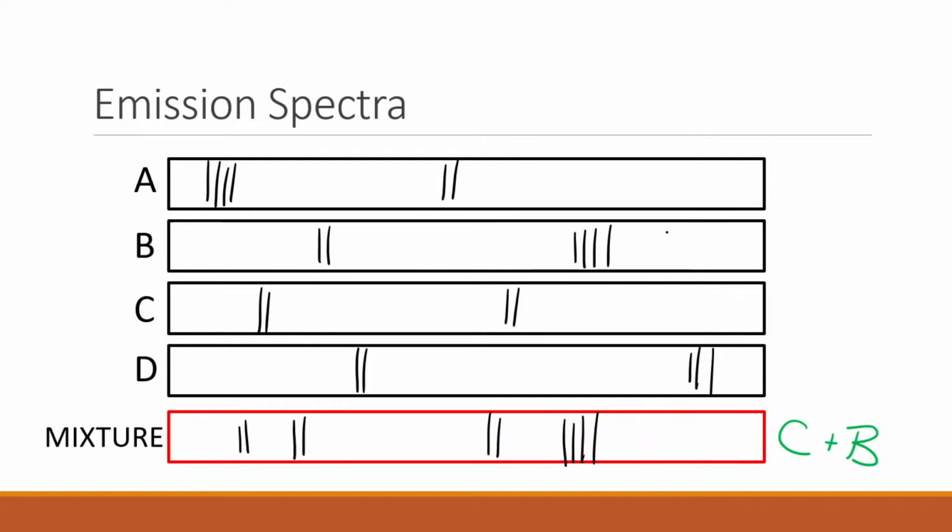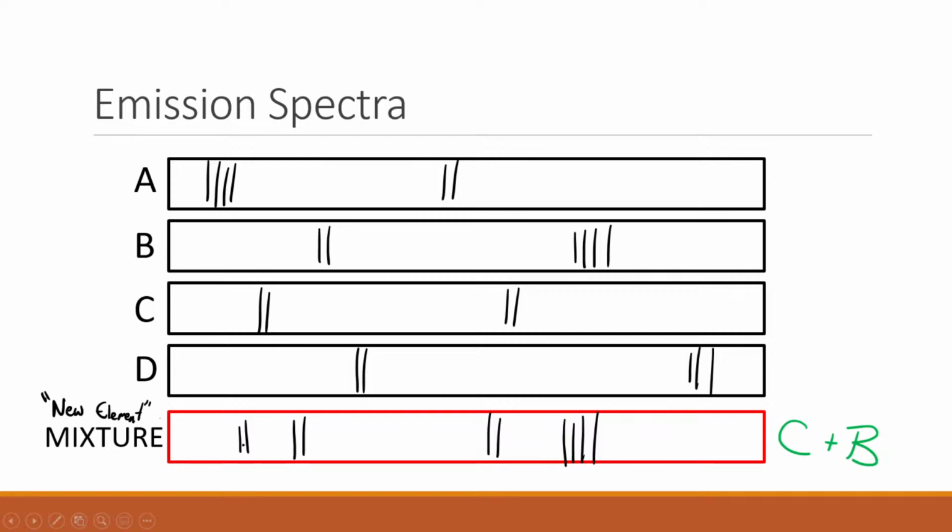They would just assume it was an element because it was something new. And by comparing the emission spectra of their new element, they were able to see that actually these things that they've been calling new elements were mixtures of previously discovered elements.